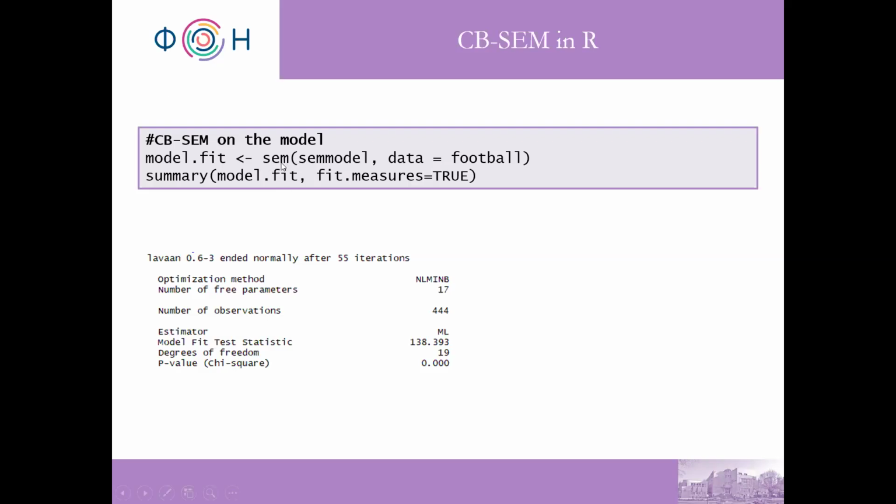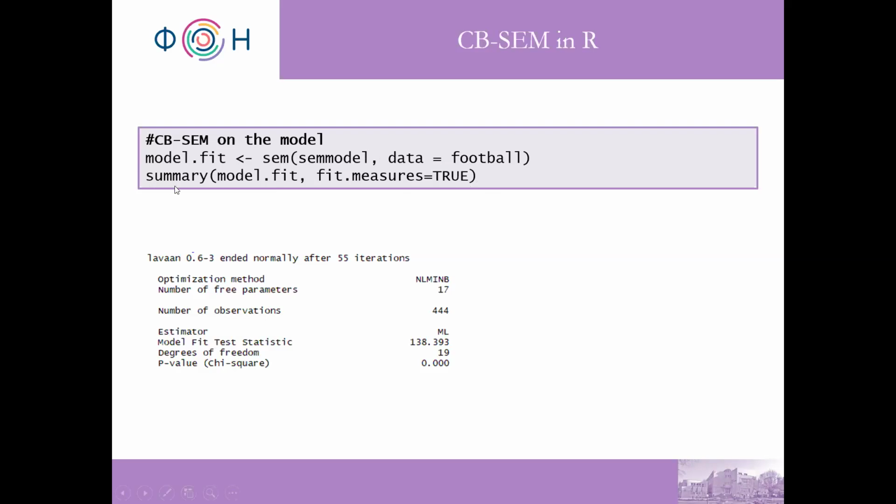It's just sem. We're creating a SEM model. The two parameters are the model, which we previously defined, and the data set on which the model should be estimated. With this line of code, we're just conducting the analysis. There is no special output for this line of code.